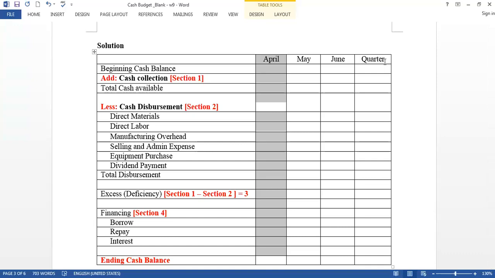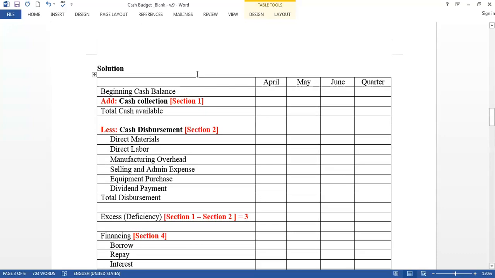But if you go 4 months together, then you may have a chance to make mistakes. But if you are very smart, then you can do all the months together. I have no problem if you can do all the months together. But if you do not have confidence, I suggest you go month by month.